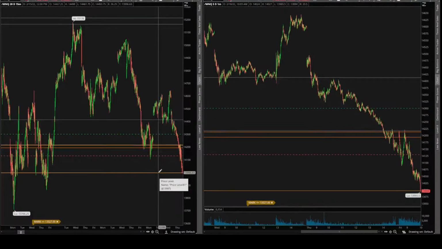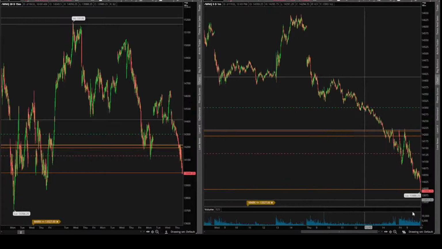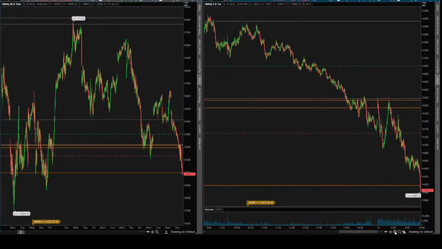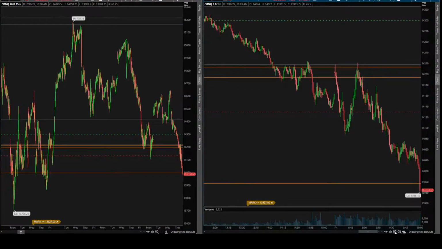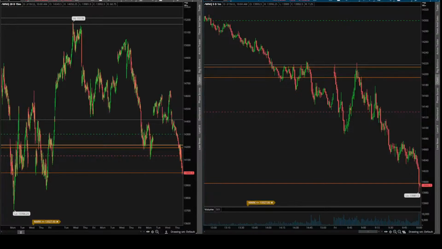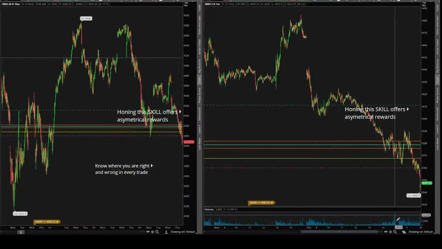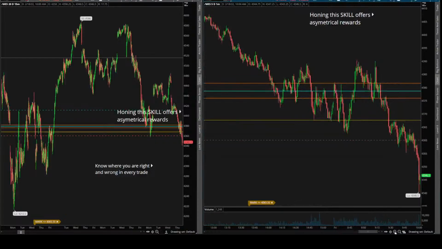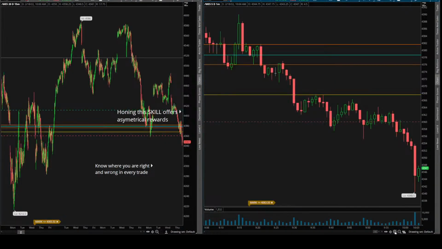All right, let's see if we get any kind of reaction around this area right here on NQ. Oh, and we just blow right through it. Okay, getting a little bit of reaction there. A little bit. Definitely the shorts are taking some off the table there. Pretty big bounce there.